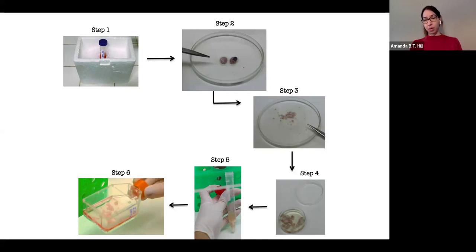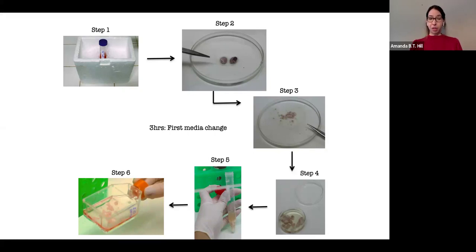And this is the most important step, because after this period, the media should be changed. And this will select those cells that adhere most rapidly to the plastic and consequently resulting in a homogeneous population of mesenchymal stem cells.